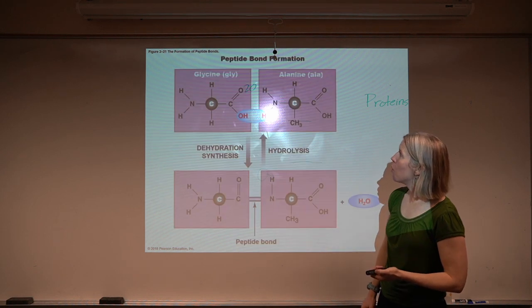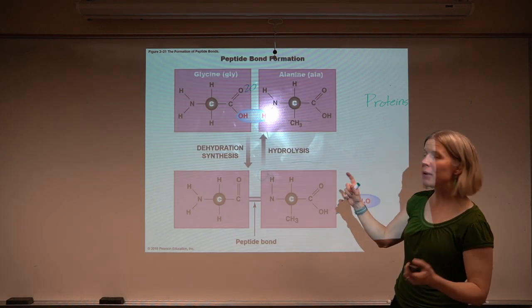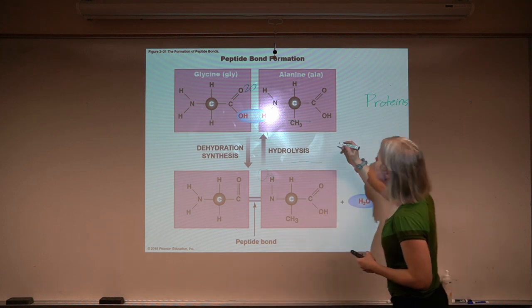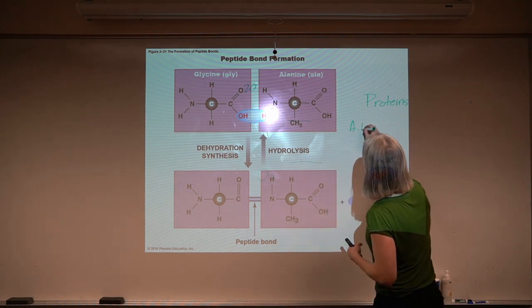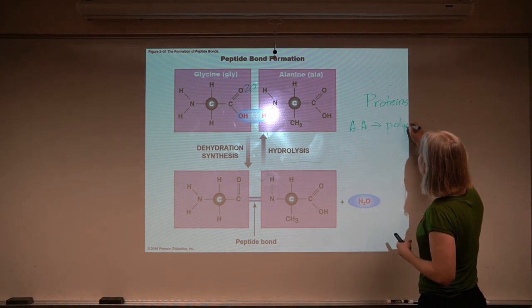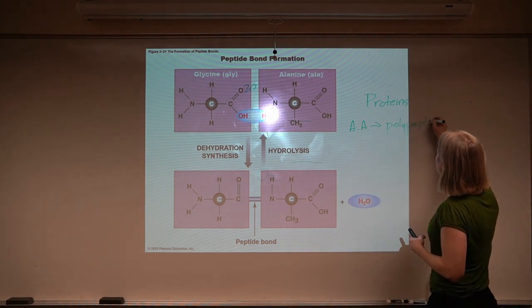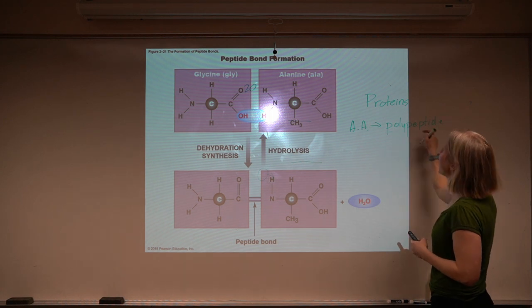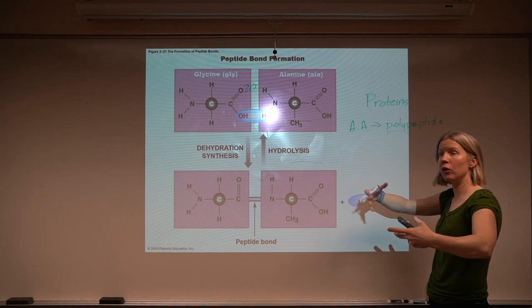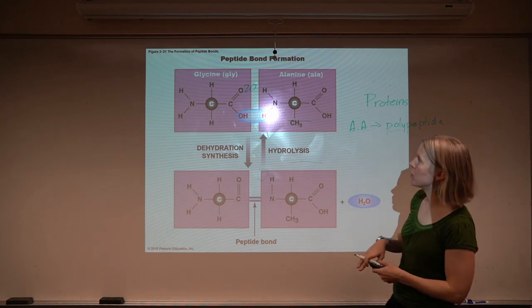Okay, so basically those amino acids are going to get put together in long chains. So we go from amino acids to polypeptides, right? A long chain of those amino acids, and then that polypeptide is going to get folded into our actual protein structure.